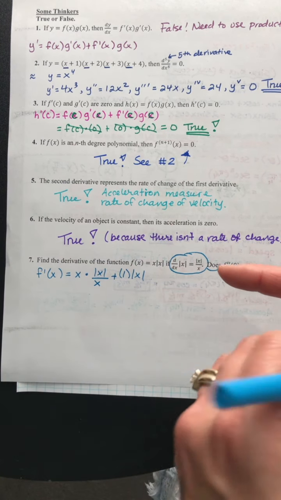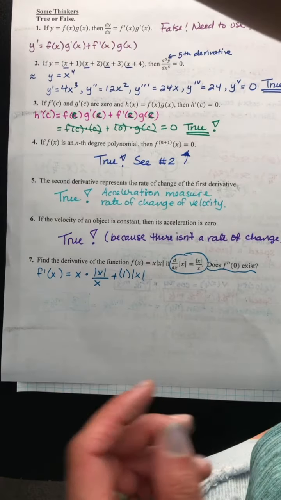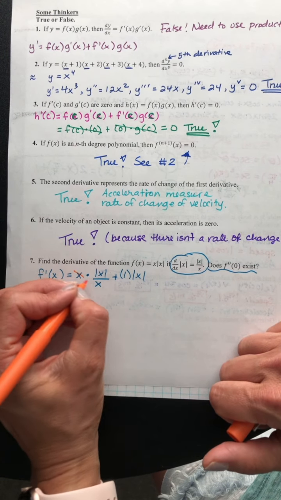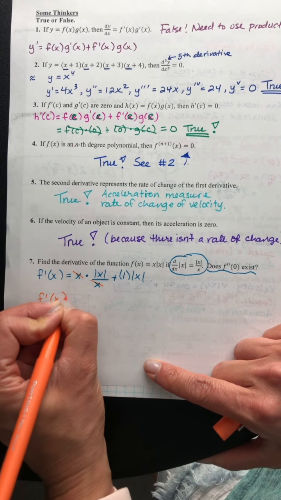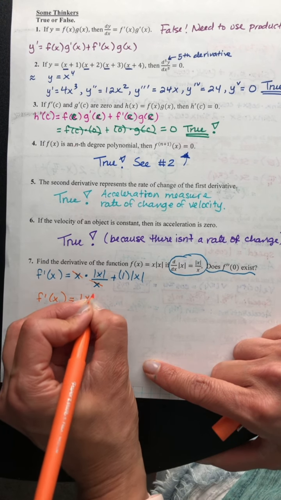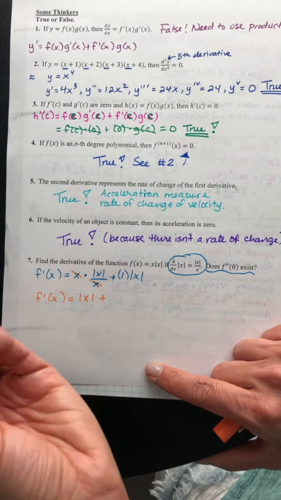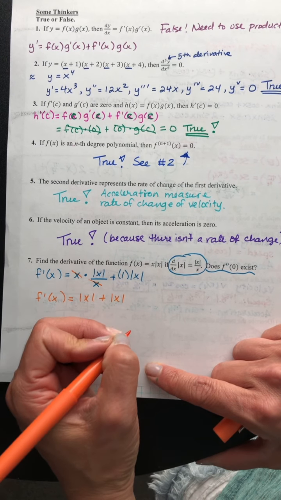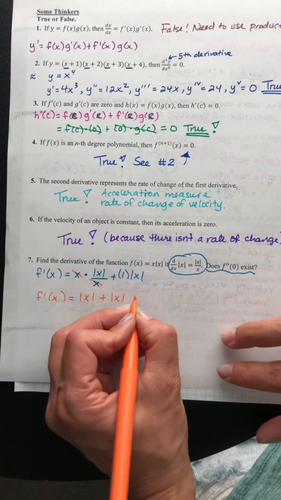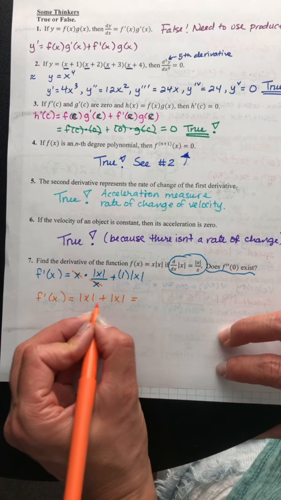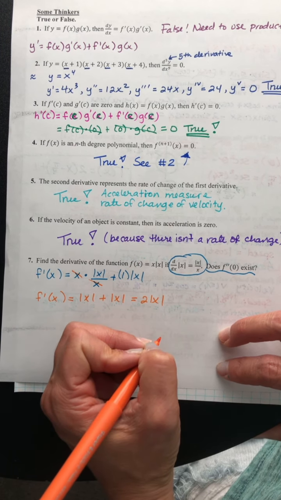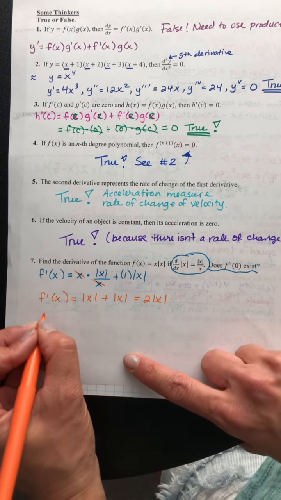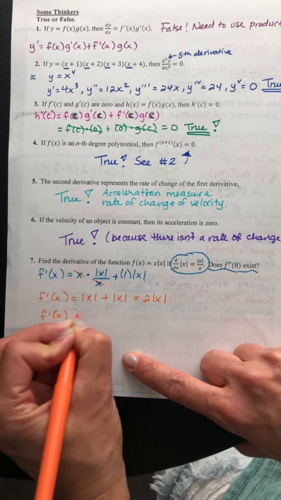What's cool about this is, anyone notice some cancellations? So f prime of x equals the absolute value of x plus 1 times the absolute value of x is just the absolute value of x. So 1 absolute value of x plus 1 absolute value of x is 2 absolute value of x. Let me rewrite this so it looks a little simpler.